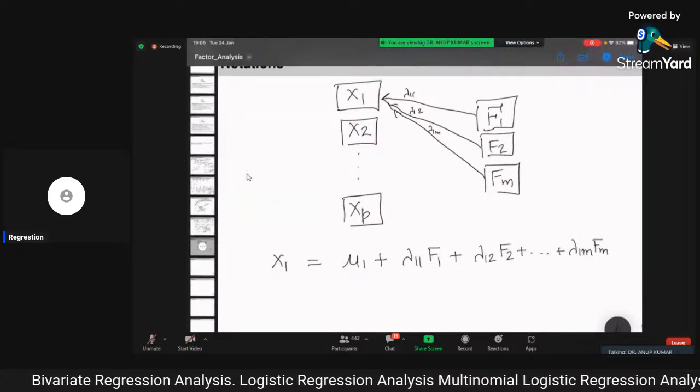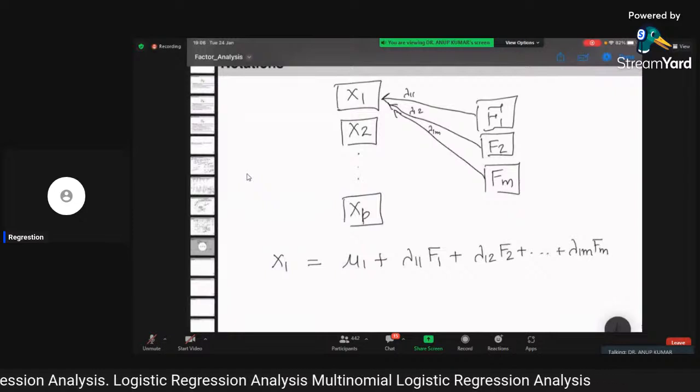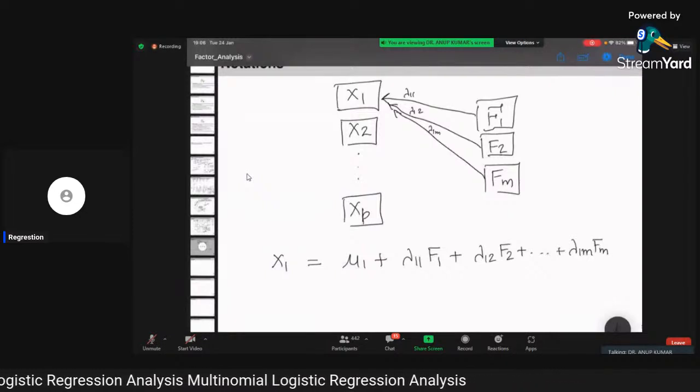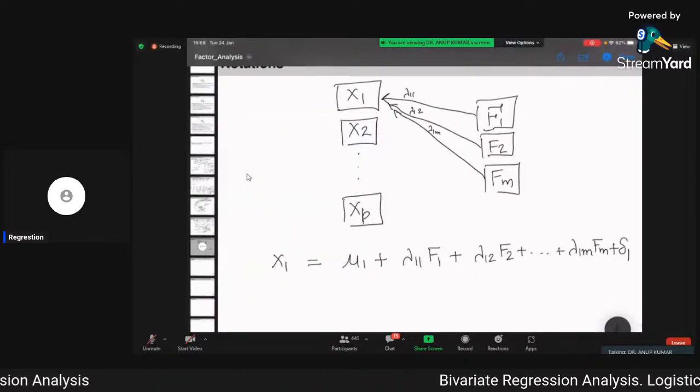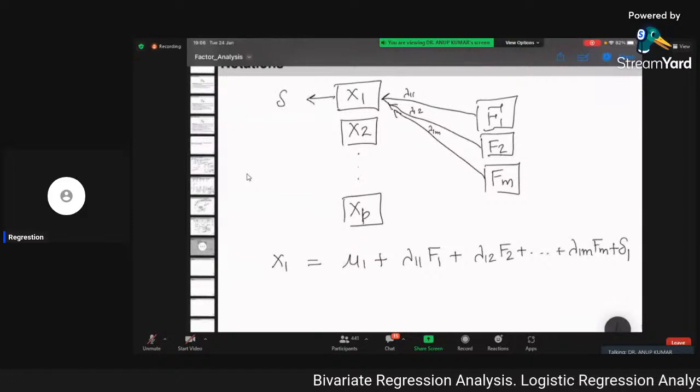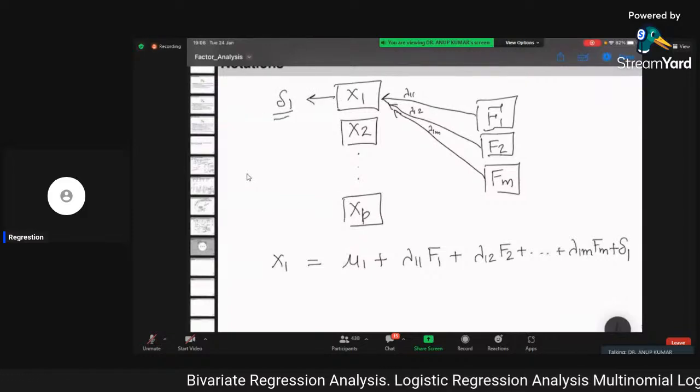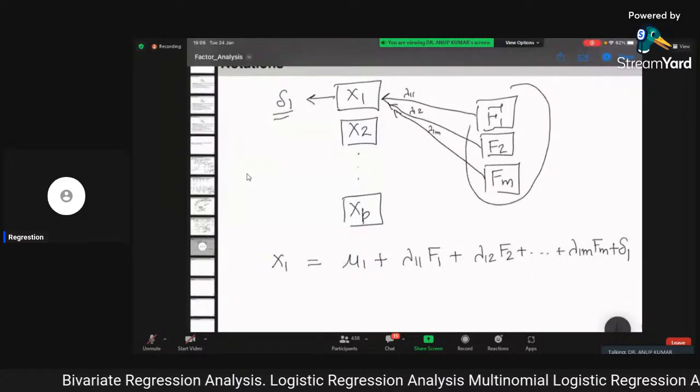But still there will be something which cannot be contributed by all these factors, so that goes into the error term, represented by delta 1. This delta 1 part is something which cannot be measured by all these factors.